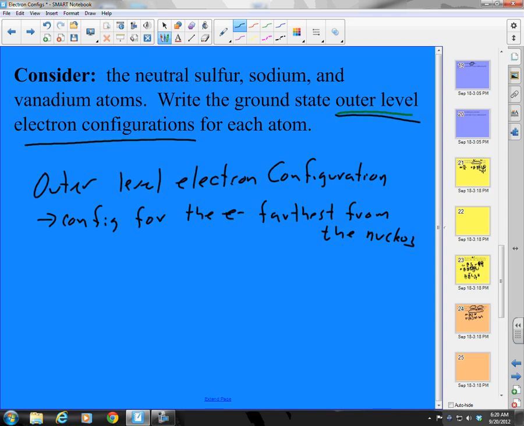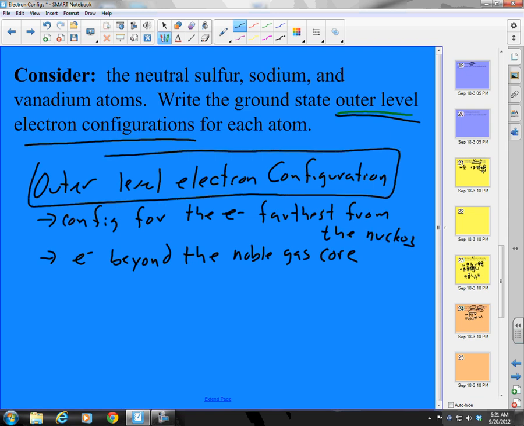The way I think about this is these are electrons beyond the noble gas core. We have a core group of electrons, represented by that noble gas, and then we have electrons beyond that, which are defined as the outer level electrons. And then we can have that configuration.